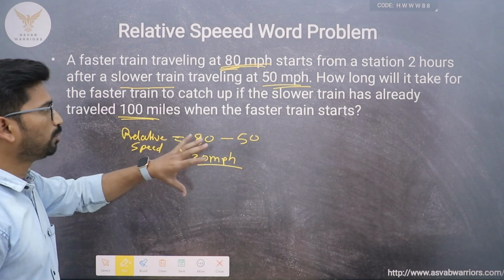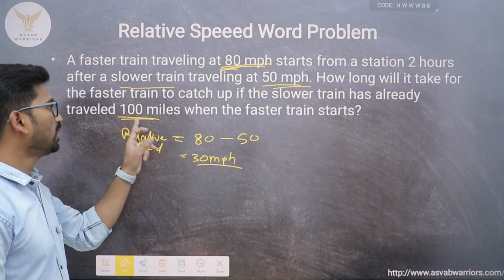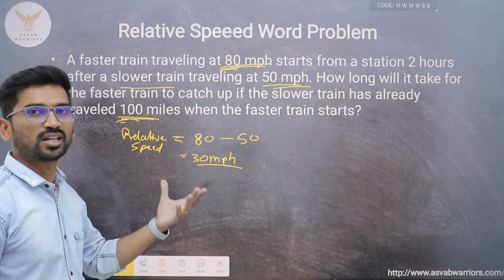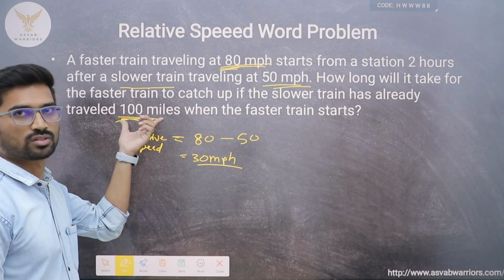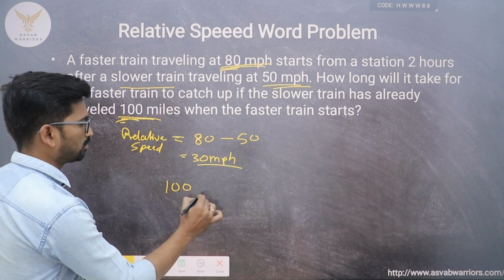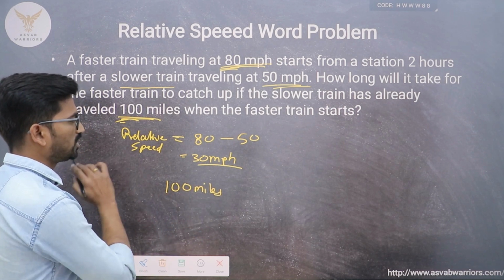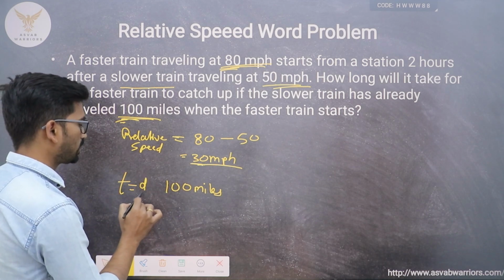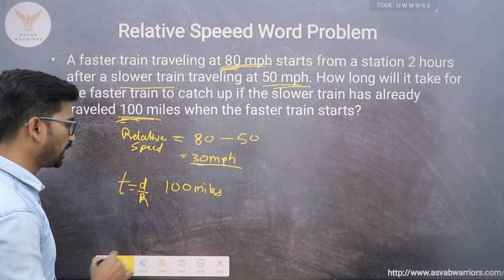Now, meanwhile, the slower train has covered 100 miles of distance, and the faster train will have to catch up this distance. Now to cover the distance of 100 miles, how long will this train take? So time equals distance divided by rate.